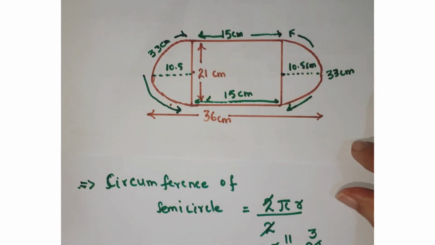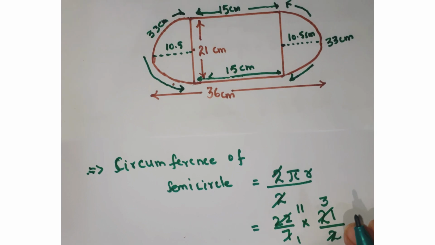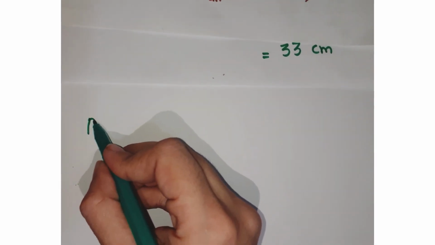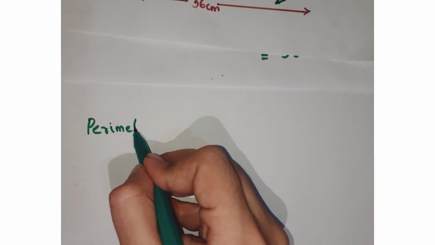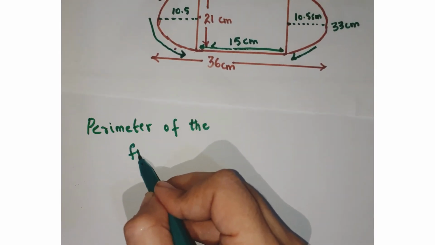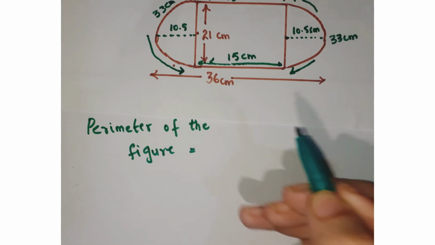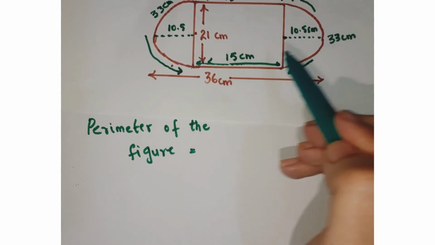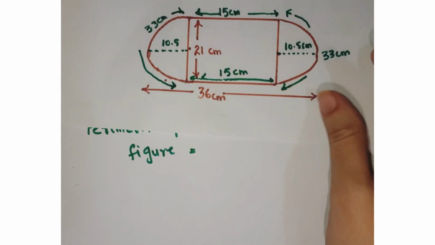Now we are going to calculate the perimeter of the figure. Now just check out from the picture. We will add up 15 and 15 and this 33 and this 33.